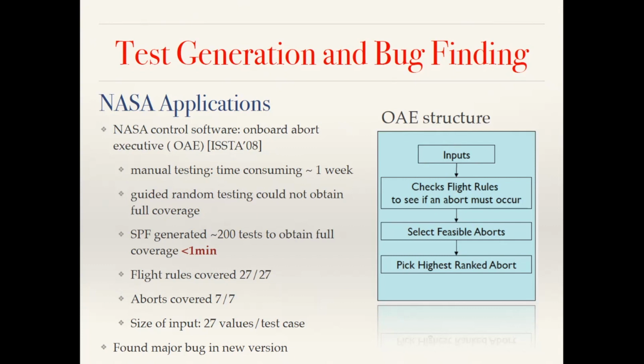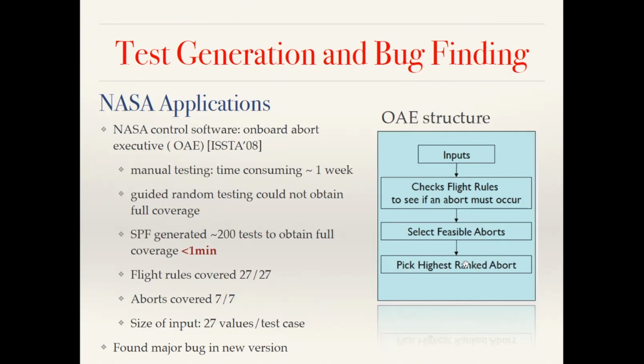And if, for example, pressure or speed or different combinations violate some flight rules, then the piece of software determines that maybe it's the case to issue an abort, and then it has some logic that selects the class or the code for which abort to issue, and then it picks the highest ranked abort and it issues the abort.